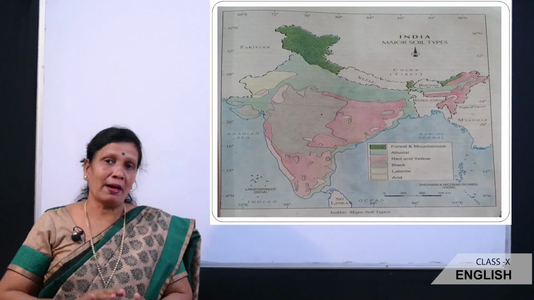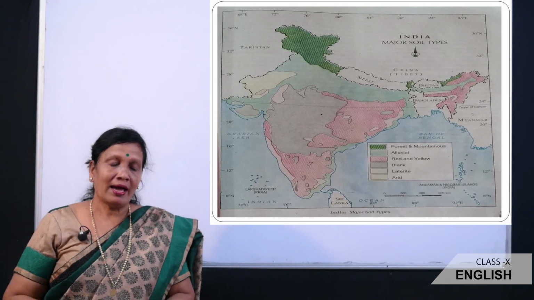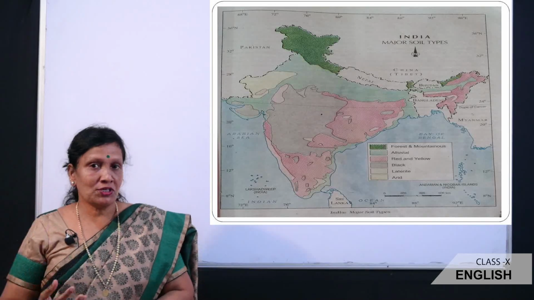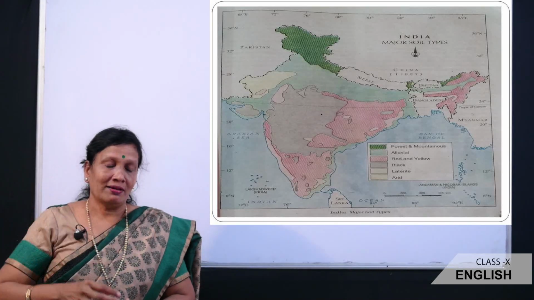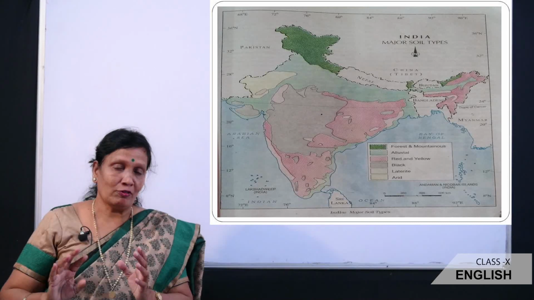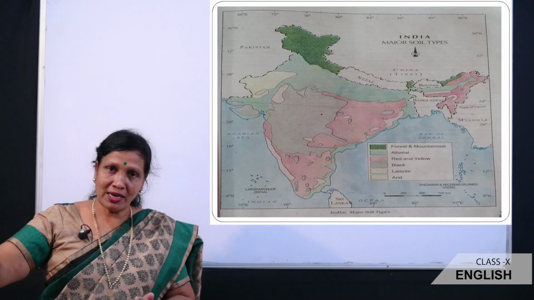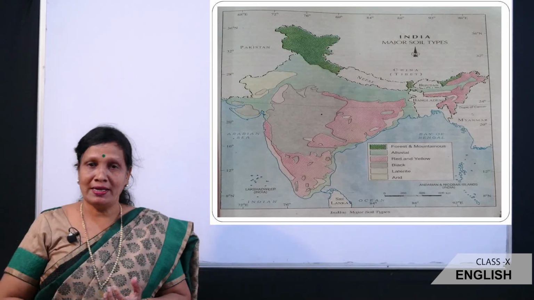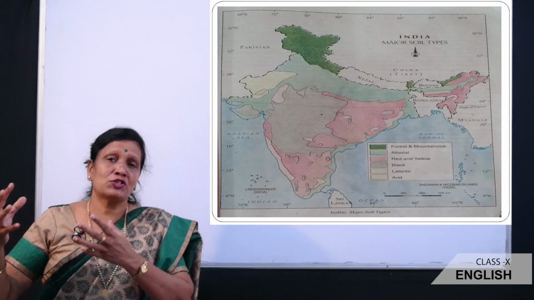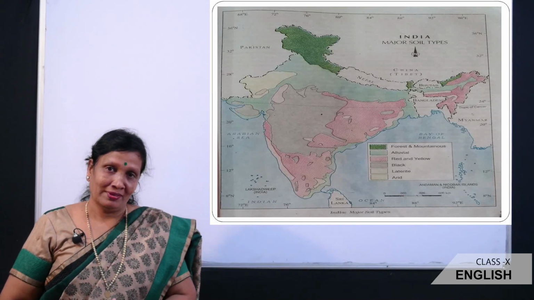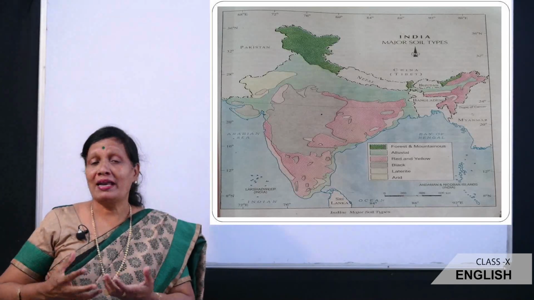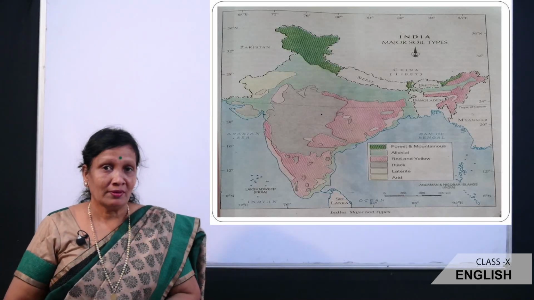So you look at this map in your social science textbook, and initially to practice the map type question for writing an analytical paragraph, you study this map very carefully, and then you can give the heading soil types in India. And then you write, India is very rich in natural resources, and it is an agricultural nation.